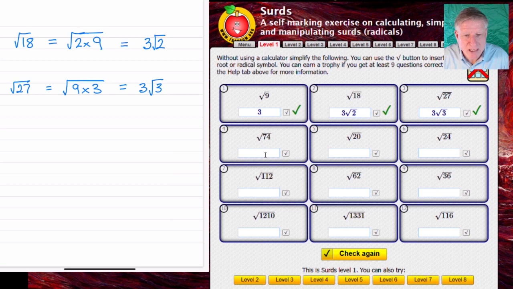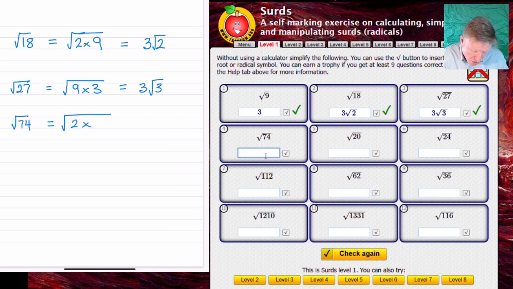Okay, now they start to get a little bit more difficult. What about the square root of 74? Well, I know that if I split up 74 into its component factors, I may be able to spot a square number. So let's see, that's equal to the square root. Well, I can see that 74 is even, so I know that 2 is a factor.